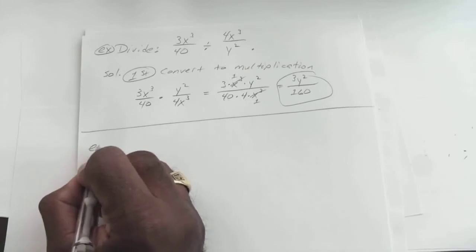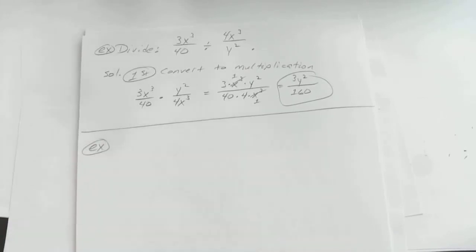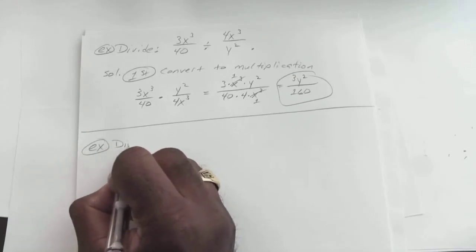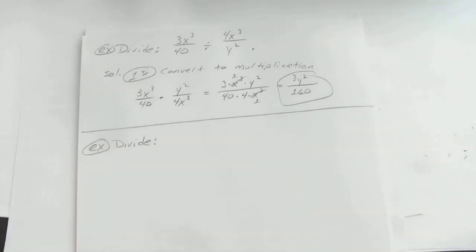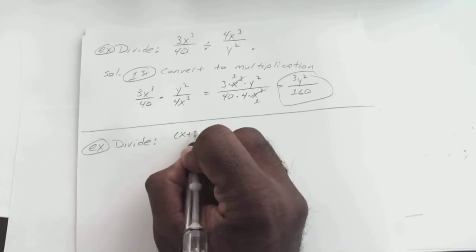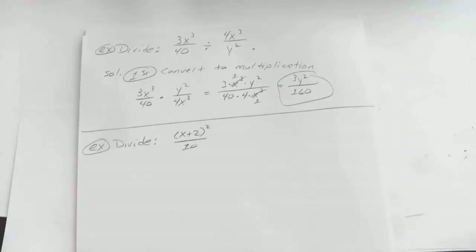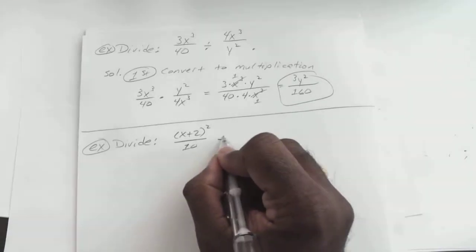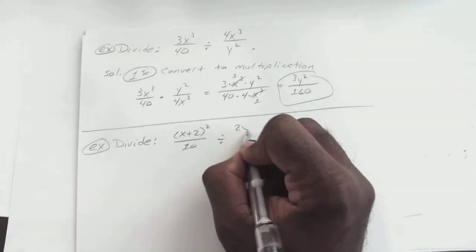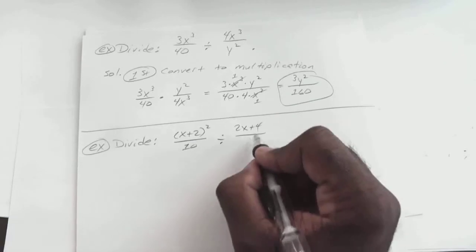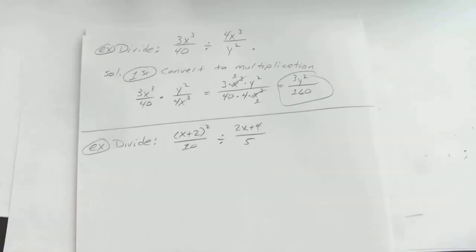So let's say for our next example we wanted to divide x plus 2 squared over 10 divided by 2x plus 4 over 5.